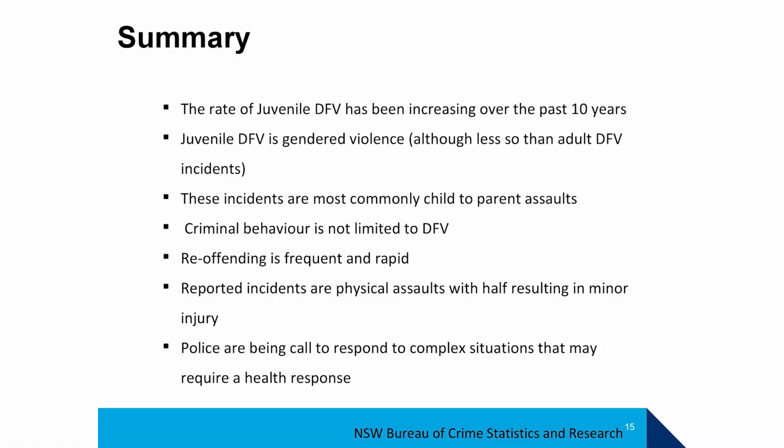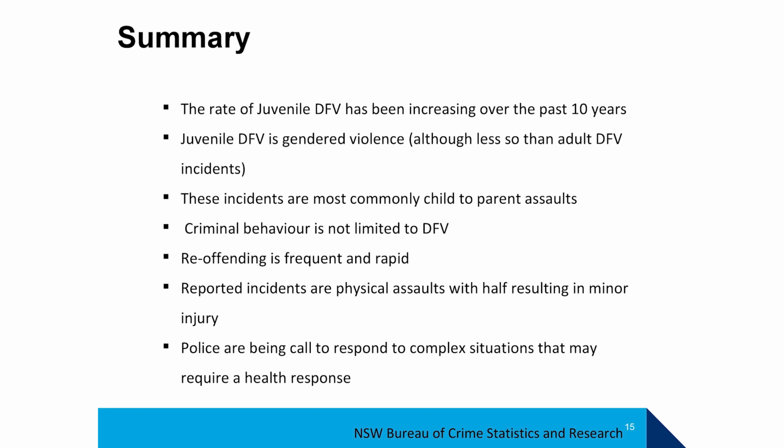In summary, we've seen that the rate of juvenile domestic and family violence has been increasing over the past 10 years. Juvenile domestic and family violence is a gendered offence type, although not as accentuated as for adult offenders. These incidents are most commonly child-to-parent assaults, and the criminal behaviour of these young people isn't limited to domestic violence.